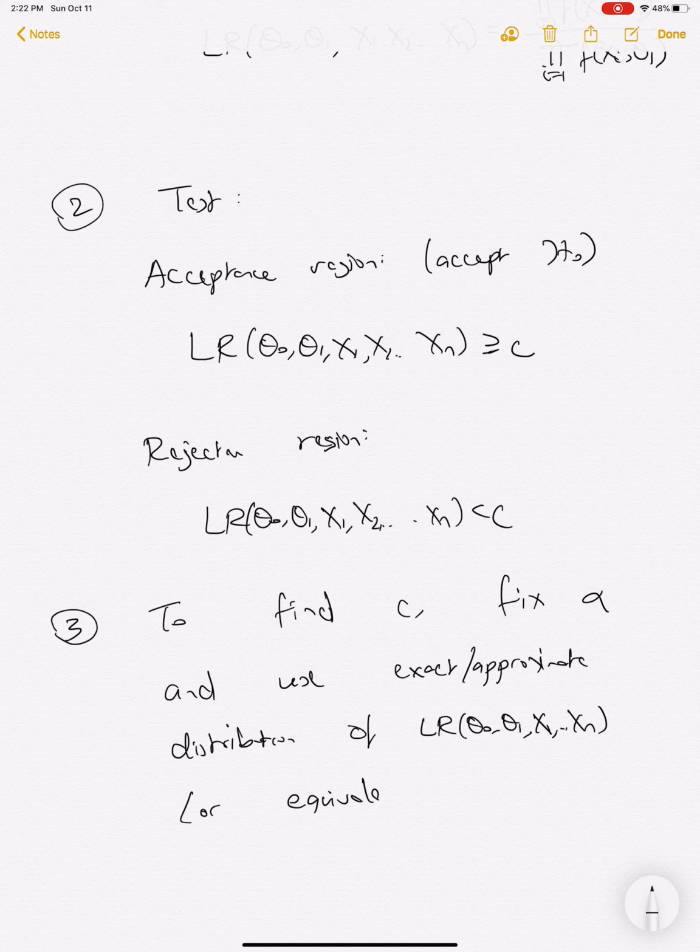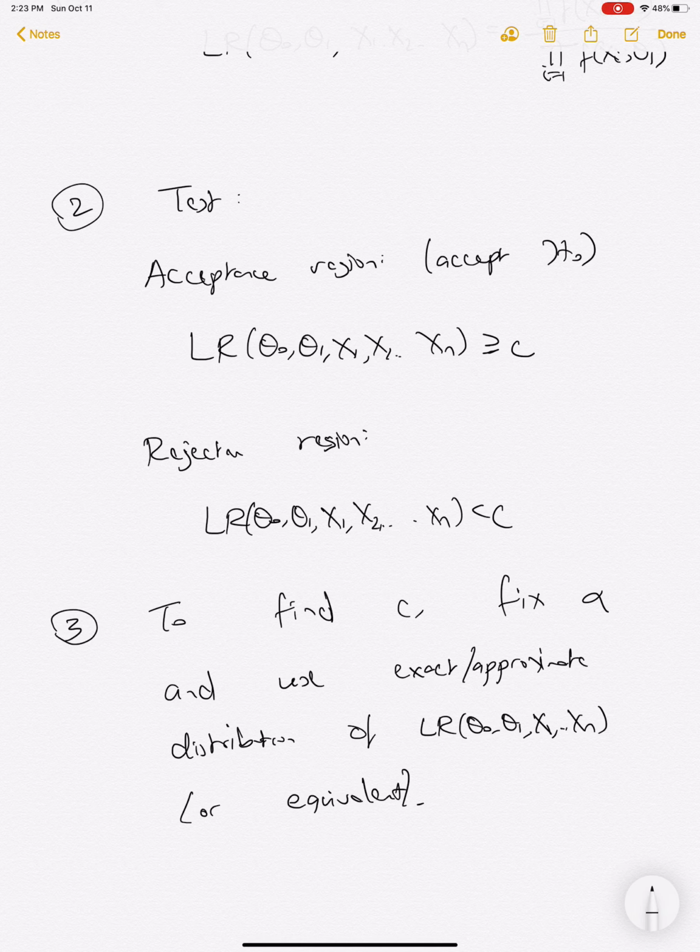And why I'm saying or equivalent is, remember that for the normal, the likelihood ratio was that exponential, but because we could write it out in terms of the sample mean, we could use the properties of the distribution of the sample mean. Later on, we're going to see that sometimes you can actually find the distribution of the likelihood ratio test statistic directly. But in this case, it's easier to use the sample mean.